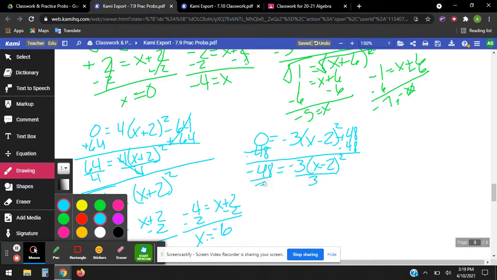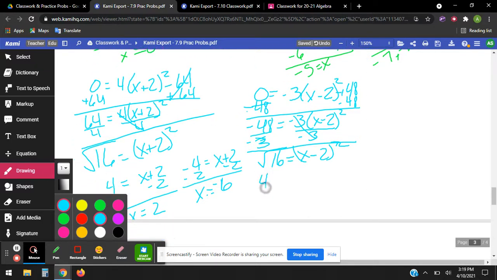Divide by 3. This stuff should be old hat by now. We'll divide by negative 3. So that gives us a positive 16 equals x minus 2 squared. Square root. So 4 equals x minus 2. Negative 4 equals x minus 2.